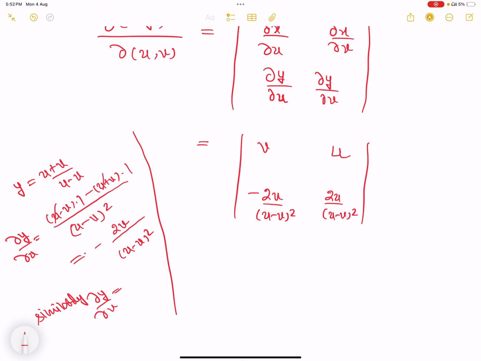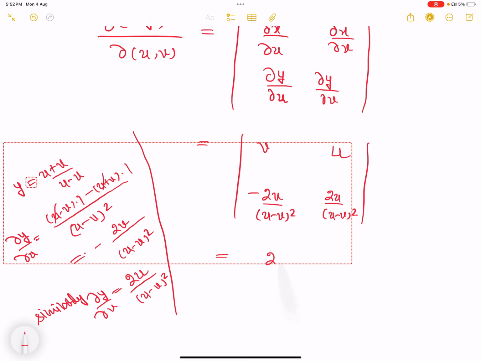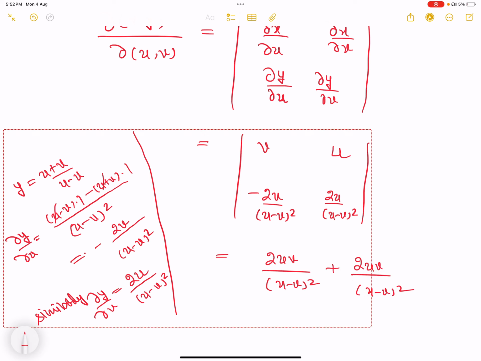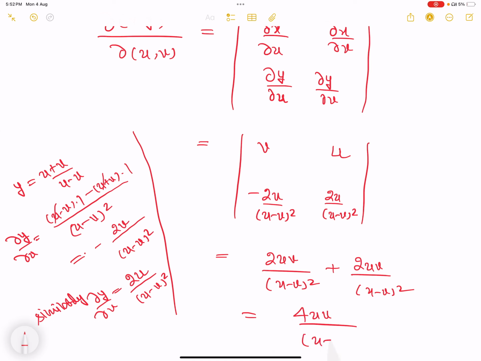It is 2u upon (u minus v) whole square, and after solving it, what you will get is 2uv upon (u minus v) whole square plus 2uv upon (u minus v) whole square, which is 4uv upon (u minus v) whole square.